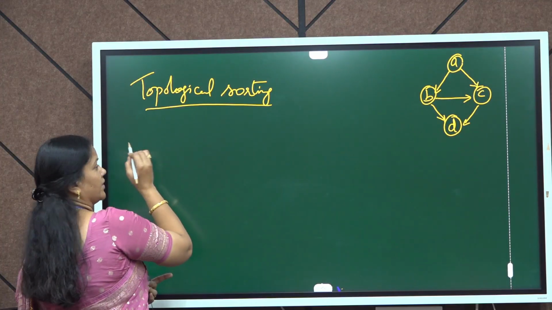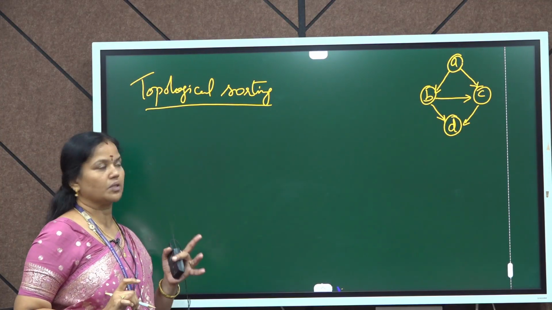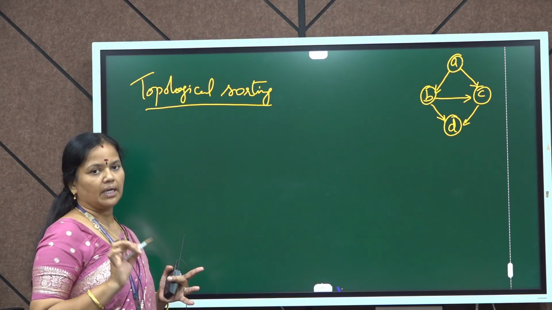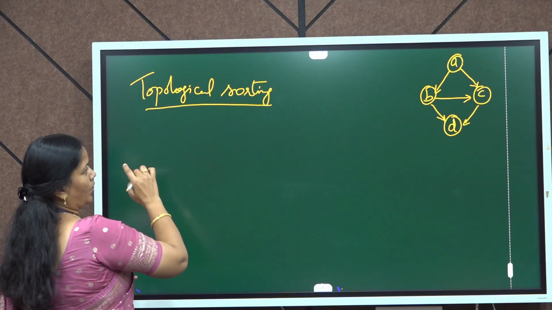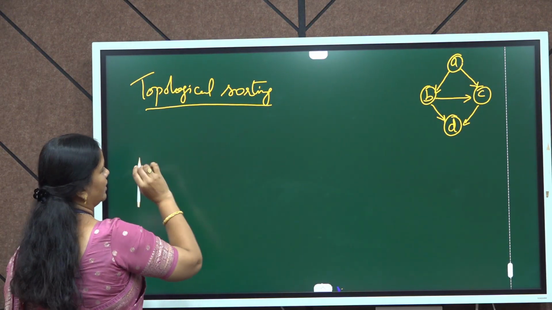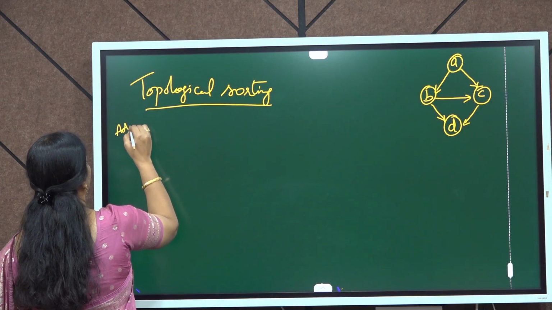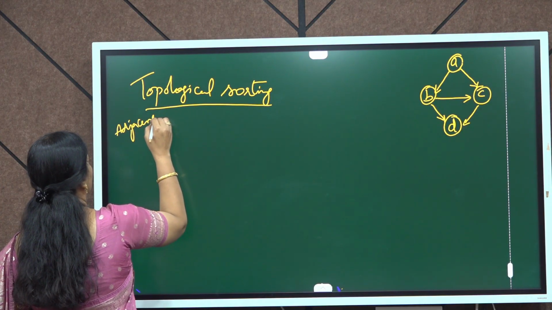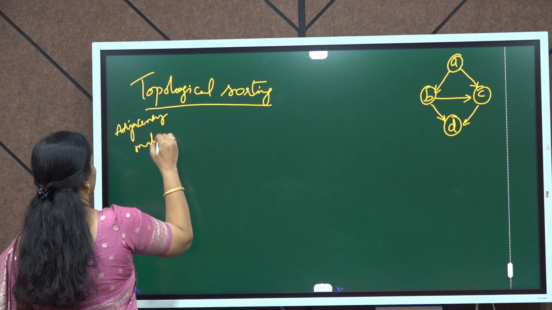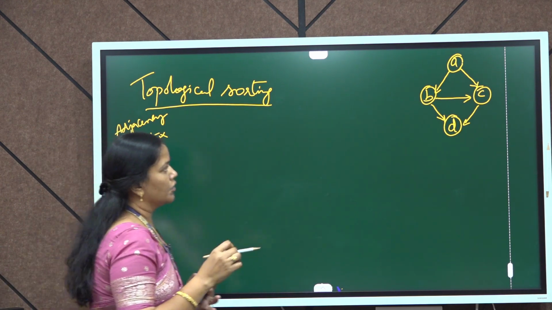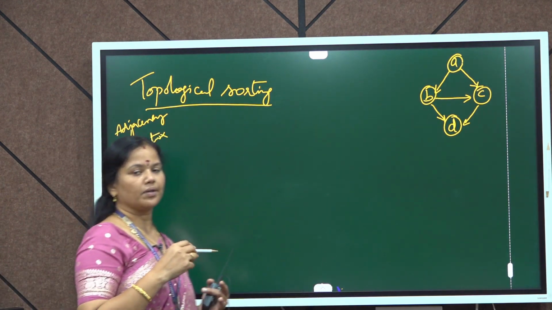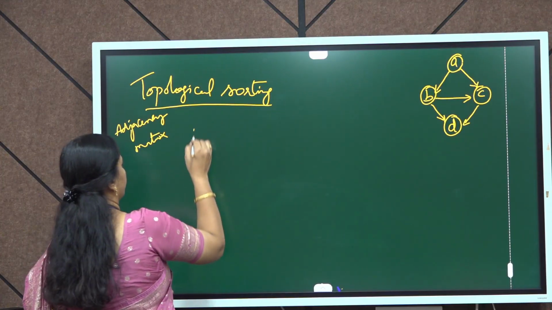The first step in finding the topological sorting is to identify the adjacency matrix. So, I am going to draw the adjacency matrix of this particular graph. As there are 4 vertices in this graph, I am going to construct a 4 cross 4 matrix.